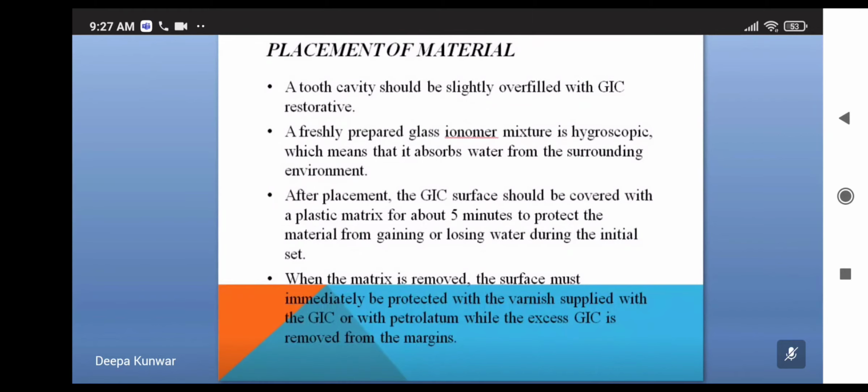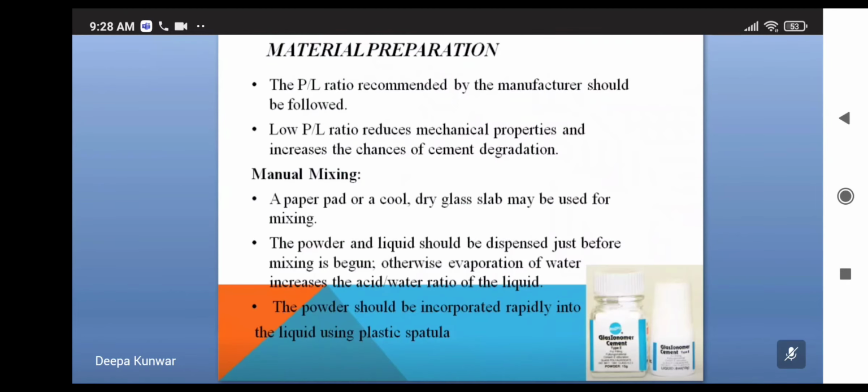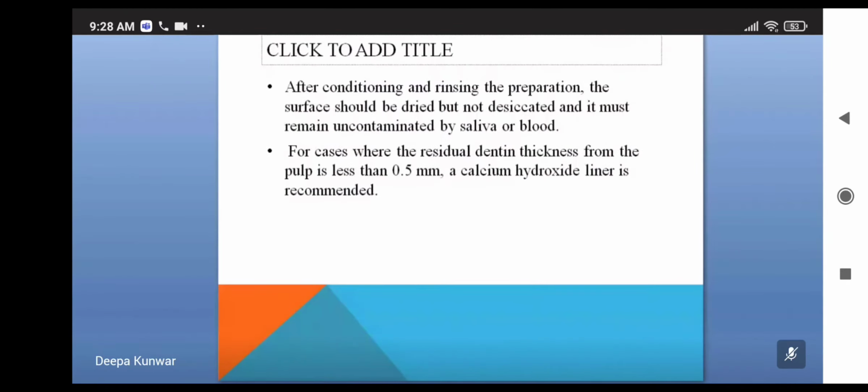Placement of the material. When we place the glass ionomer cement, at first we apply the liquid of the glass ionomer cement on cotton pellets, then apply it on the tooth structure. It helps to condition the area of the tooth structure.